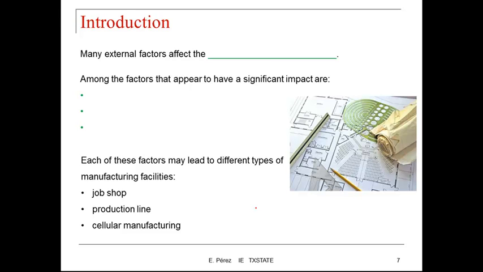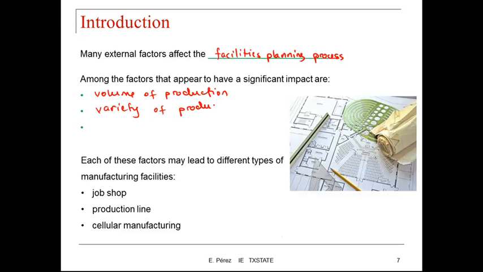Many external factors affect the facility planning process. Among these factors, some of the ones that have a significant impact include the volume of production, the variety of production, meaning you have multiple types of products, and the value of each product.